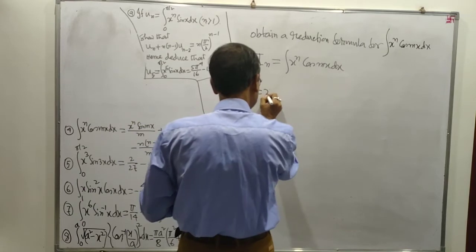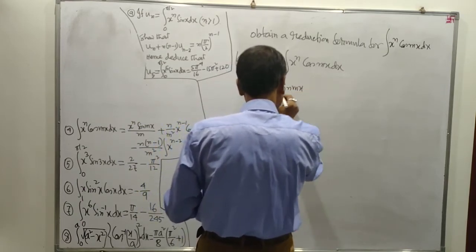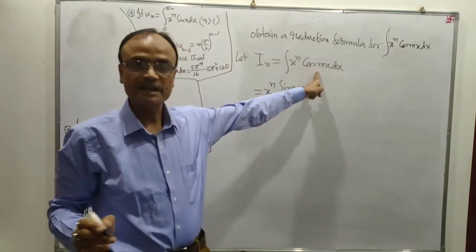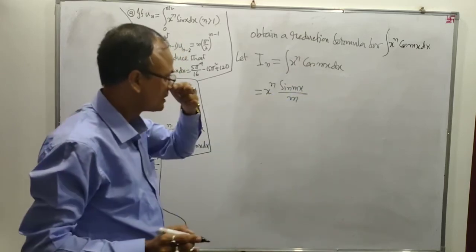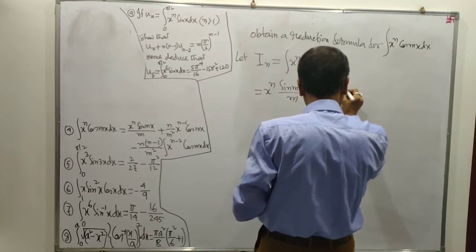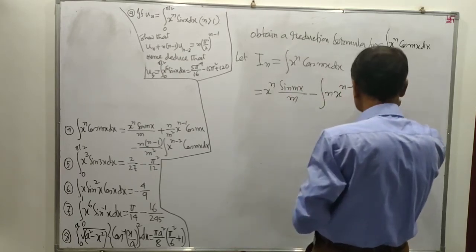This is equal to x to the power n sin mx divided by m. Integrate this by parts regarding cos mx as the second function, minus differentiation of the first function into integration of the second function.